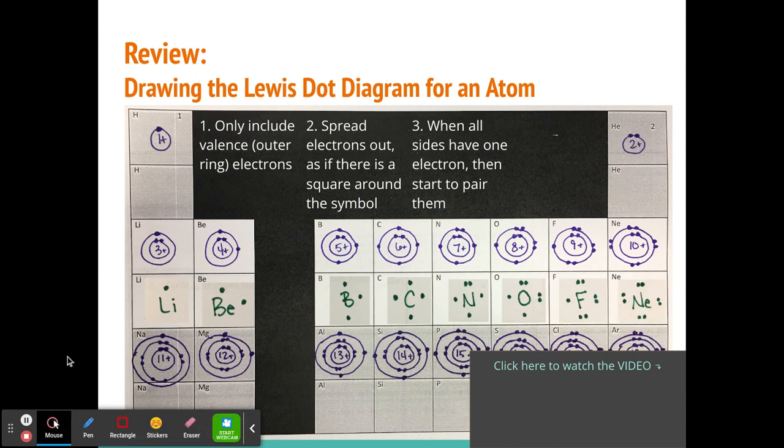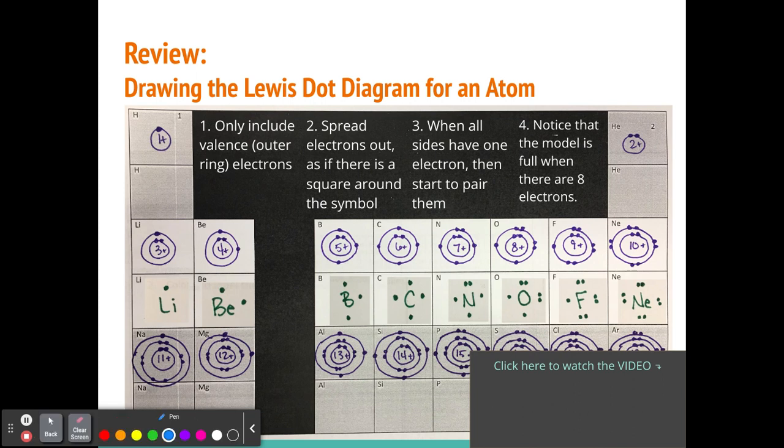Now, neon does the same thing, but something special happens with neon. Notice, neon is full. We have electrons on all 4 sides of neon, and we have a pair of electrons at each spot. So this model is full. Our Lewis dot diagram cannot hold any more electrons.